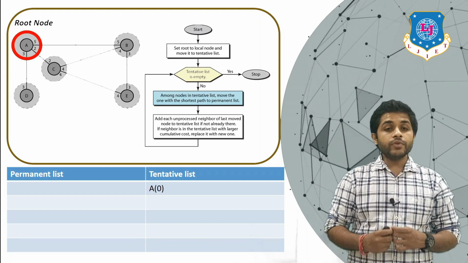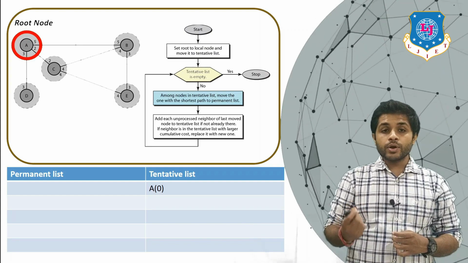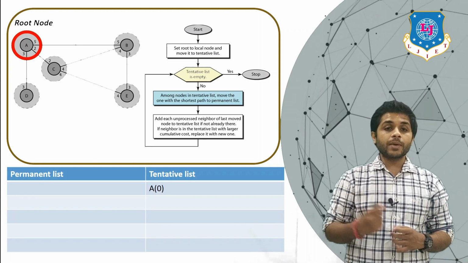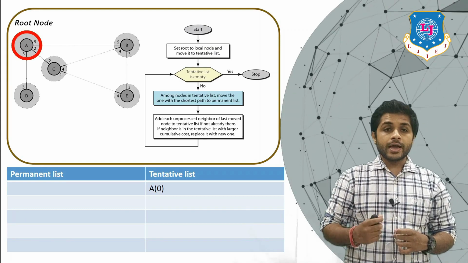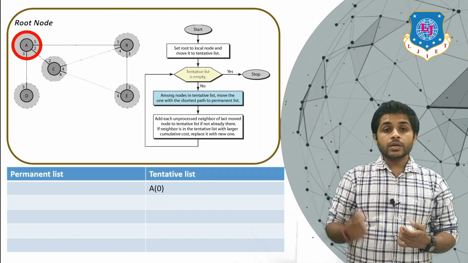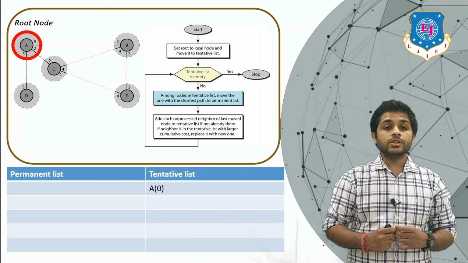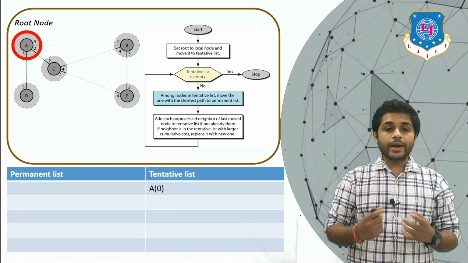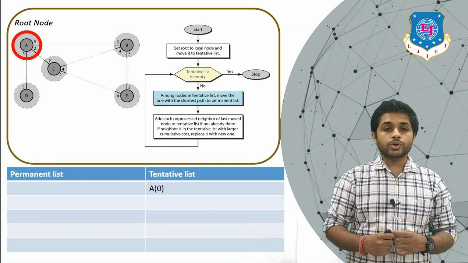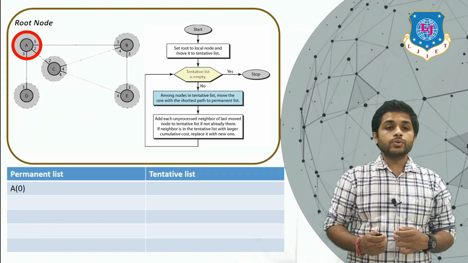After that, we will move a node from the tentative list to the permanent list. And which node will be moved? The node which is having the shortest distance. So right now we have only one node, so we will move that node to the permanent list.